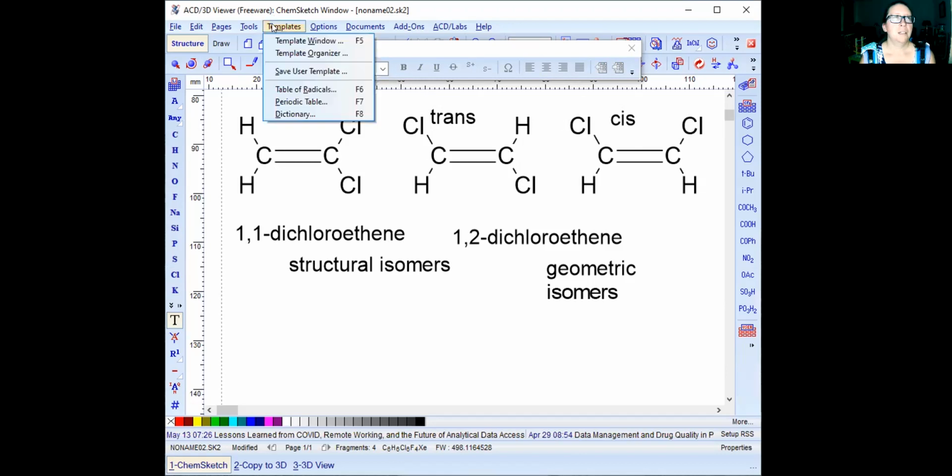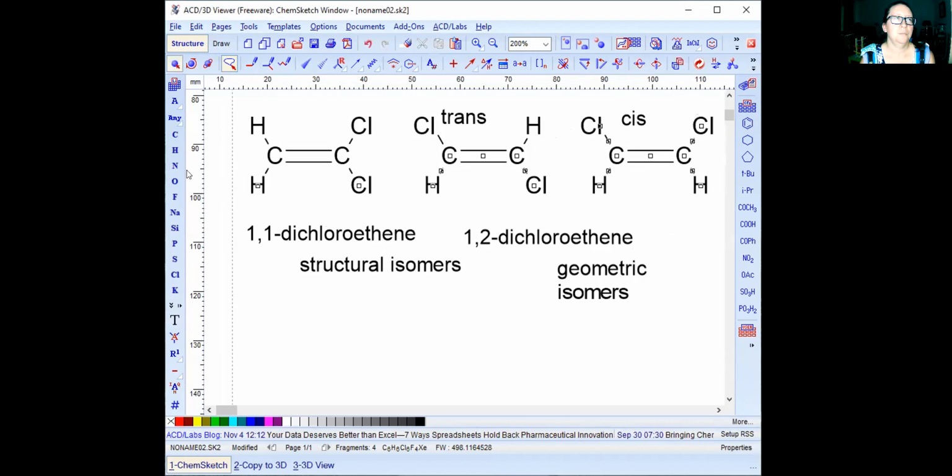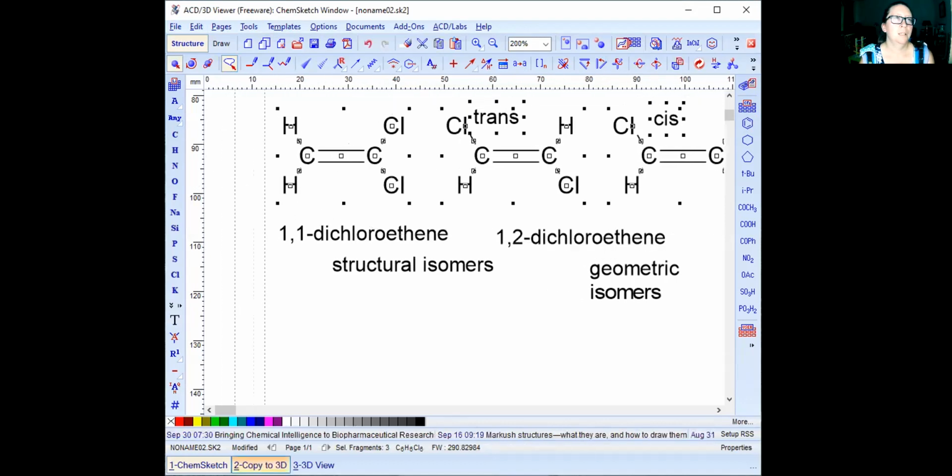And we can take a look at what these molecules would look like in 3D if we grab them, copy to 3D. So in the 3D mode, we can look at the molecules like so.